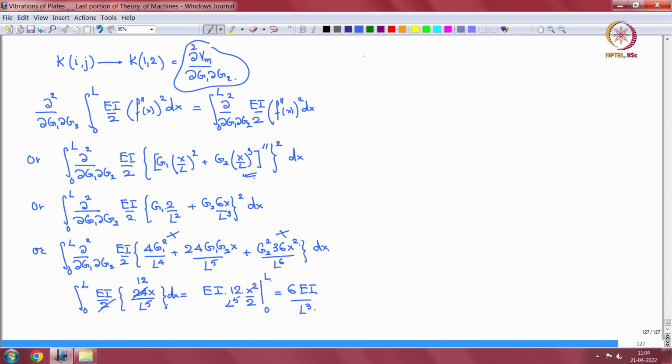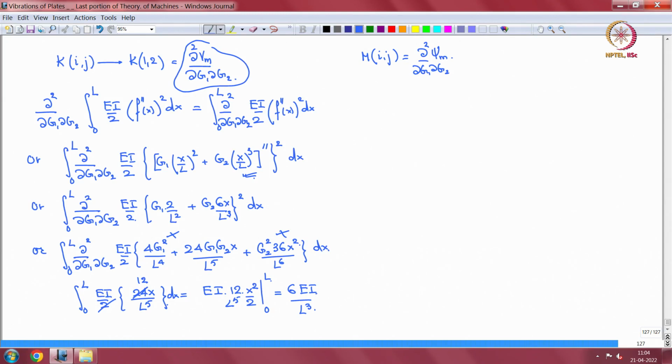Similarly, Mij is given by del 2 by del G1 del G2 of psi m. That need not be shown again.